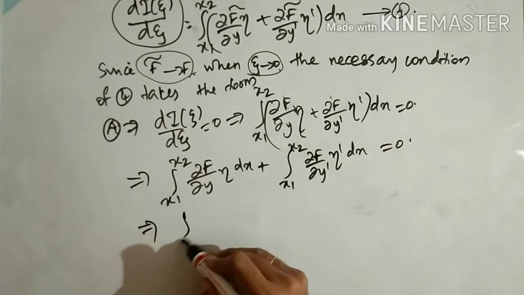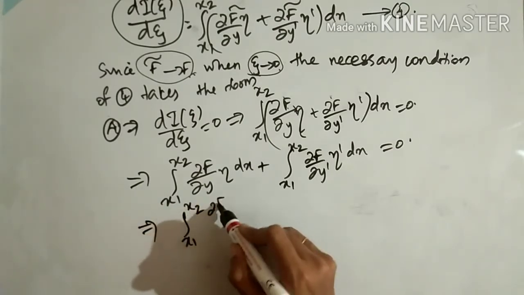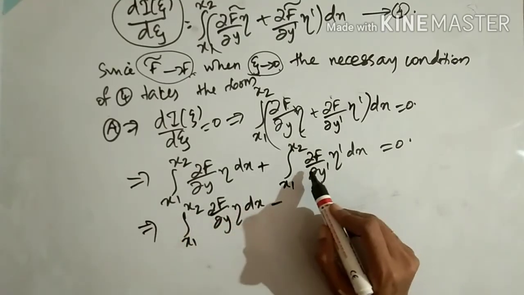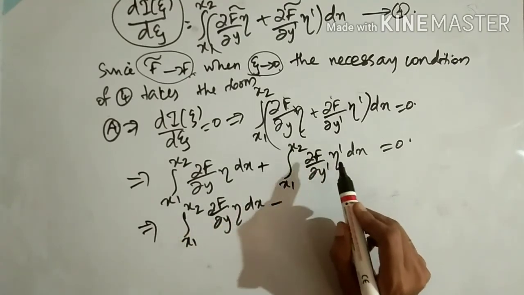Now this implies integral x1 to x2 ∂f divided by ∂y times η dx minus this you can do by integration by parts.